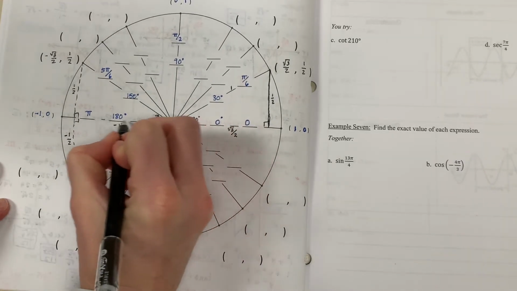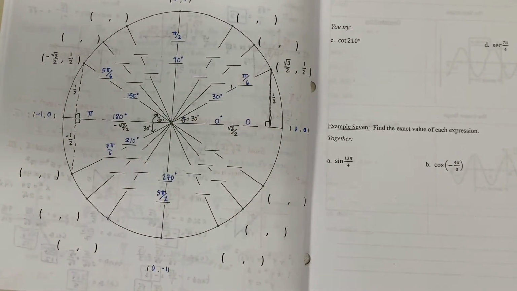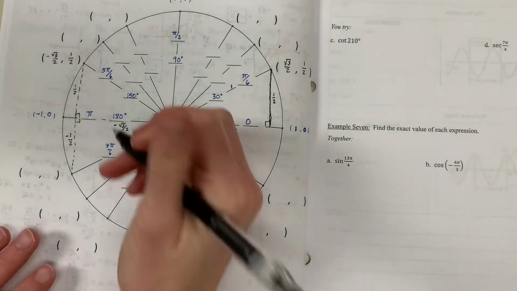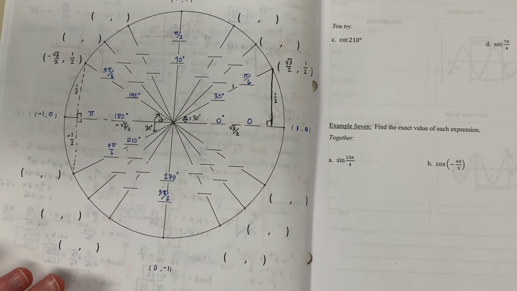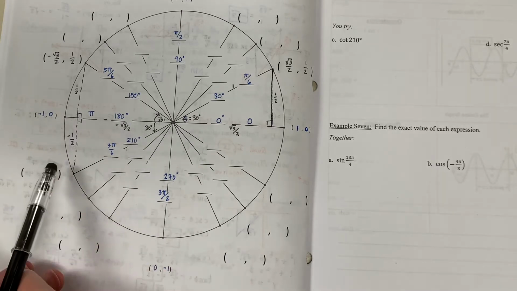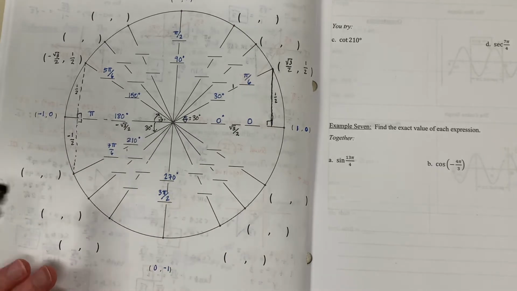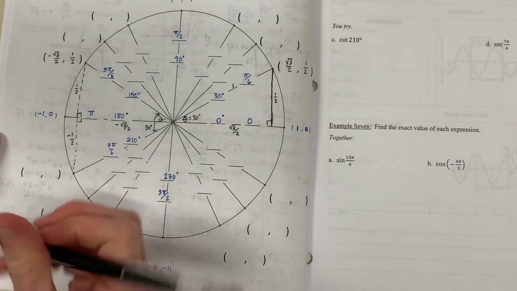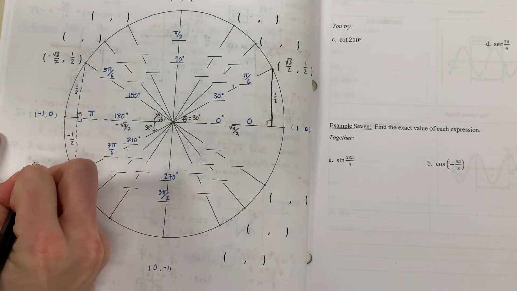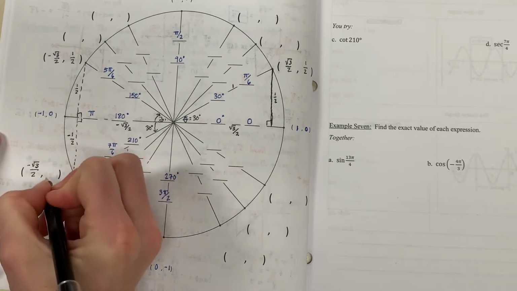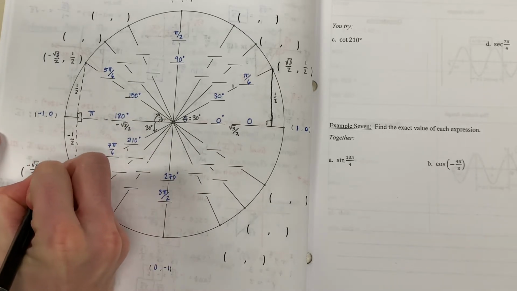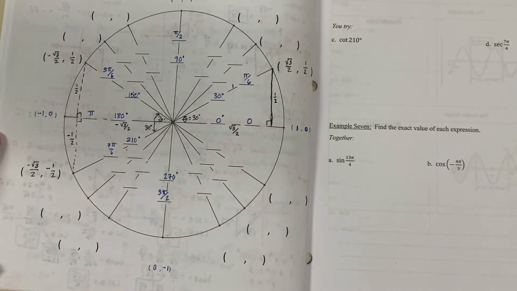And then I have negative radical 3 over 2 for my long leg, and my hypotenuse is 1. Okay. So for my 30, 60, 90-degree triangle with a 30-degree reference angle in quadrant 3, I go left, negative radical 3 over 2, and down 1/2, which makes it negative 1/2.